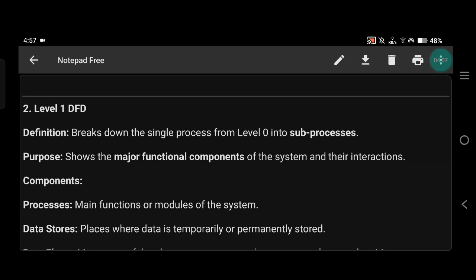Example: our online shopping system can have order management, handling orders, payment processing, managing payments, inventory management, tracking products. Basically level 1 shows the main work the system does, but still not the tiny steps inside each function.